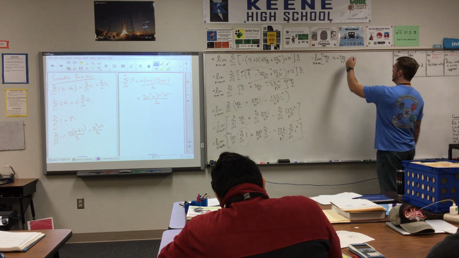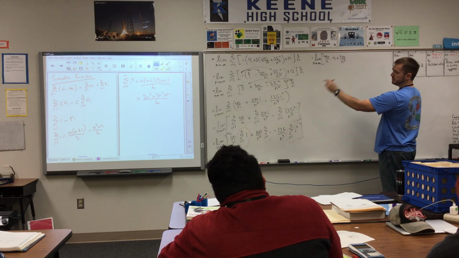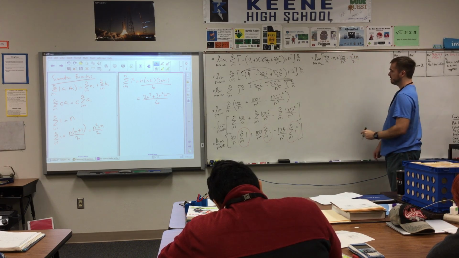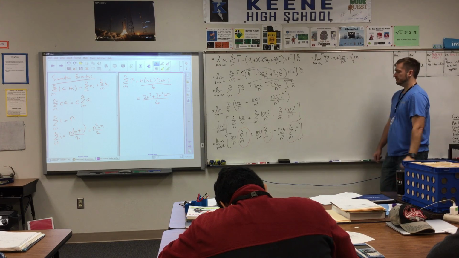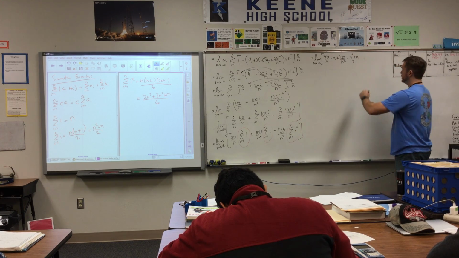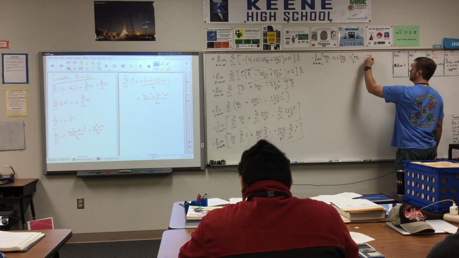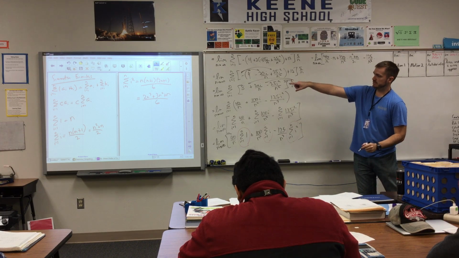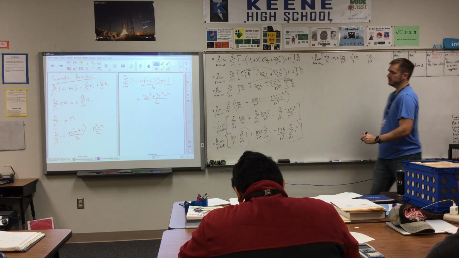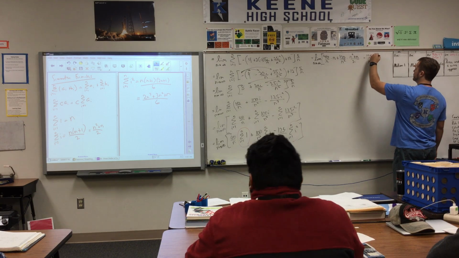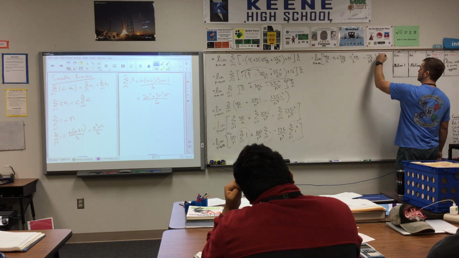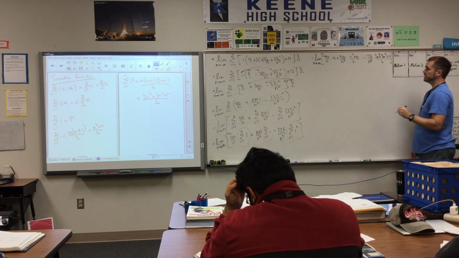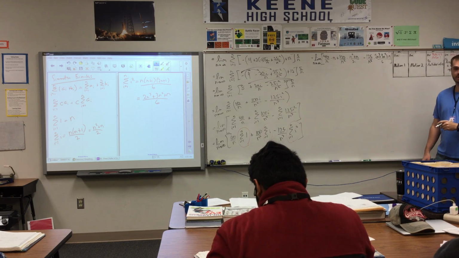I'm going to write it in the distributed form. So the n squared plus n over 2 minus 125 over n cubed. And I'm going to write that as the distributed, the full term there, 2n cubed plus 3n squared plus n over 6. Believe it or not, we're like 2 steps away from being done at this point.